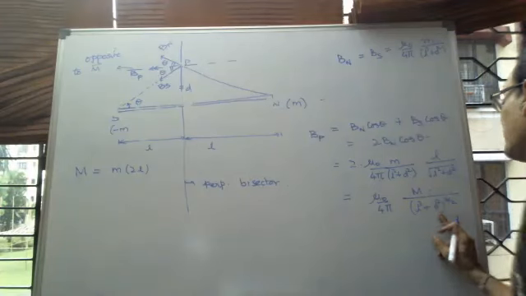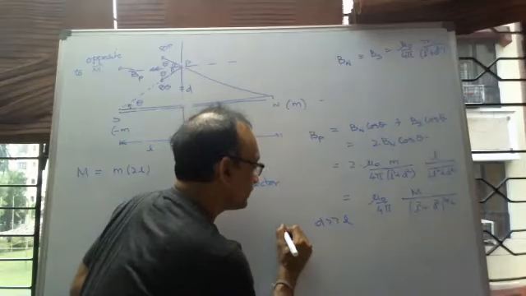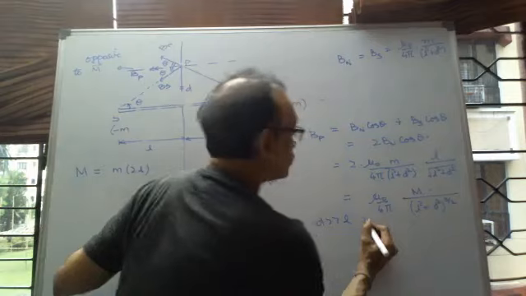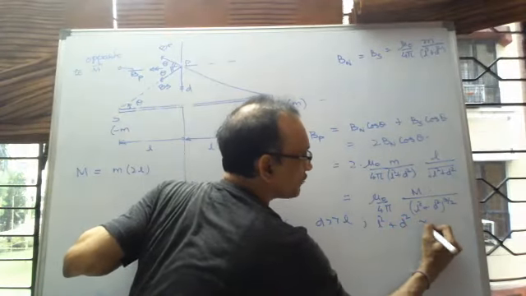Now I will imagine d, like before, to be much larger than L. If d is much larger than L, then L square plus d square will be roughly equal to d square.